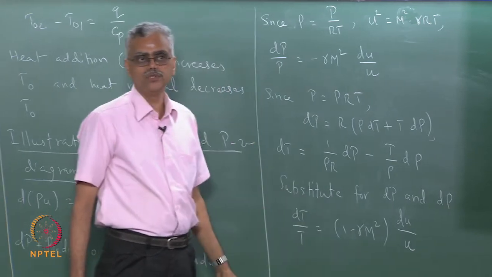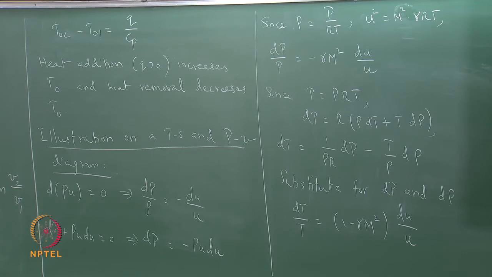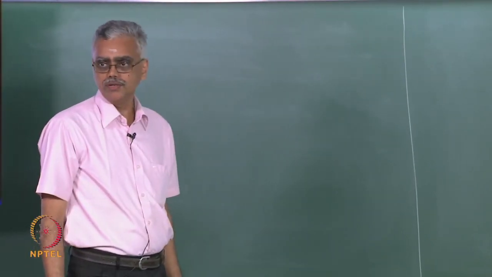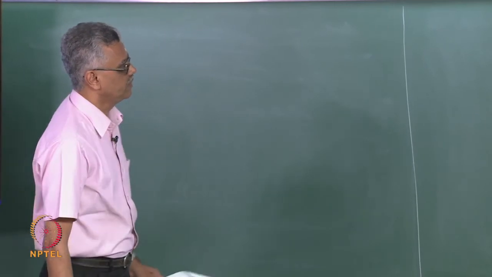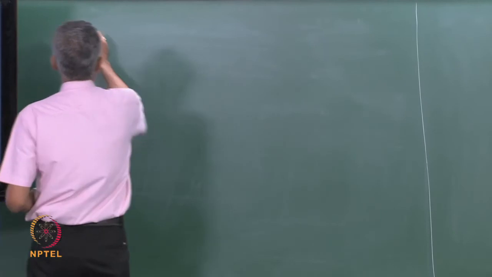We will continue to do this for all the variables. So we have used the continuity equation and the momentum equation, but we have not used the energy equation so far. Let us proceed with the entropy equation.